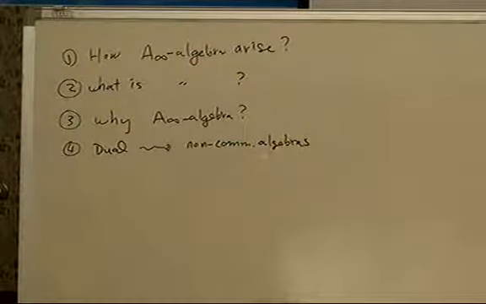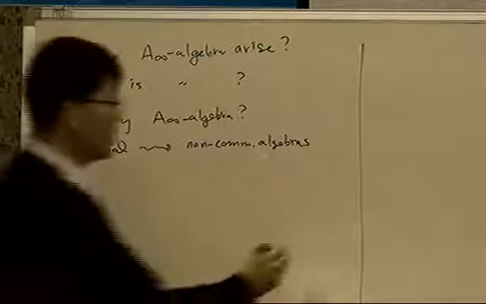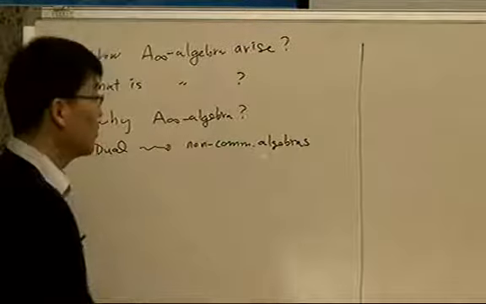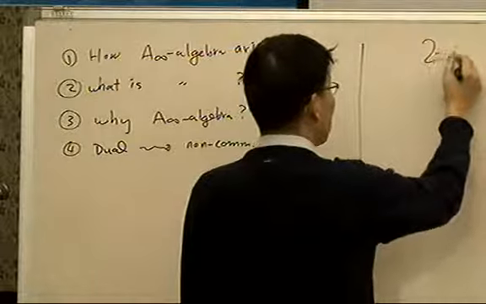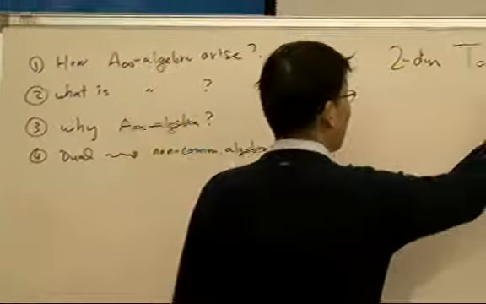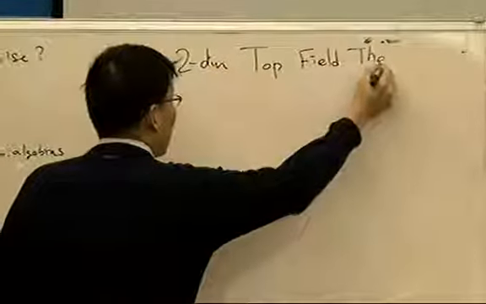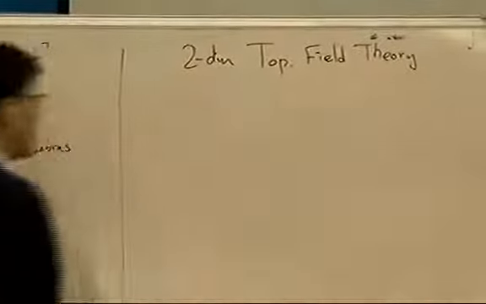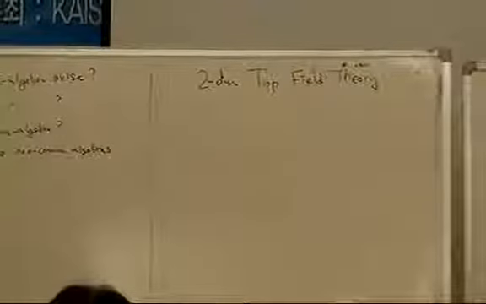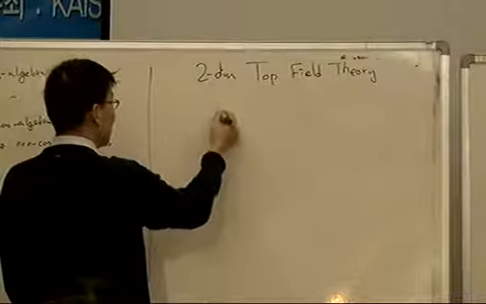So first, let's discuss how these A-infinity algebras arise. Let me first talk about what's called two-dimensional topological field theory. It has a very scary name, but it's nothing but this correspondence.